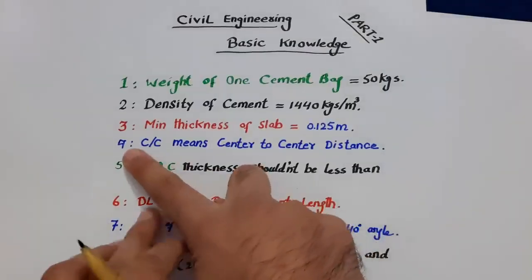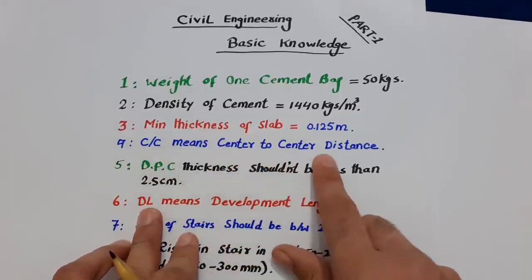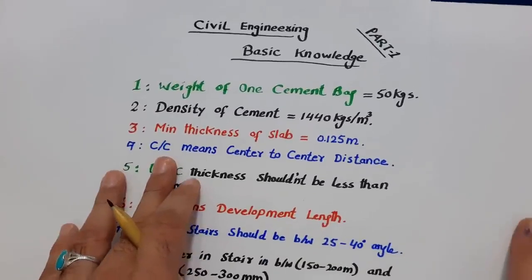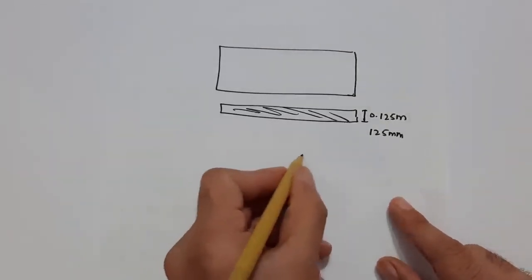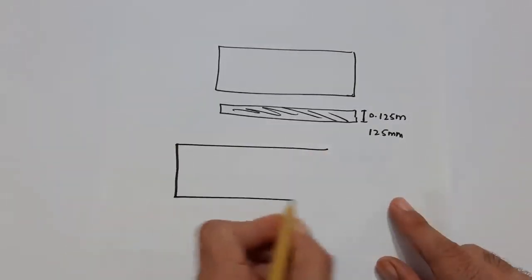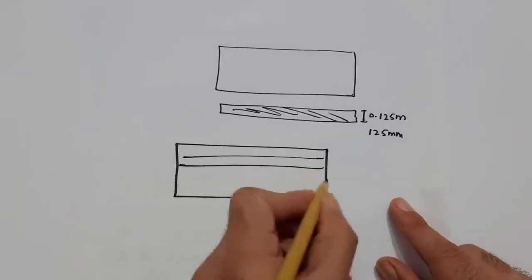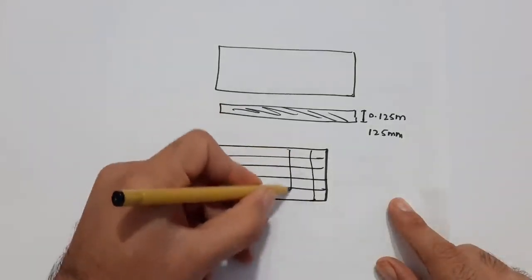Next, guys, you can see the fourth one is C/C, which means center to center distance. C/C is especially used in design for the slab or for any RCC members. Like, guys, you can see this is a slab, so we are providing main bars and distribution bars. These are distribution bars and these are main bars.